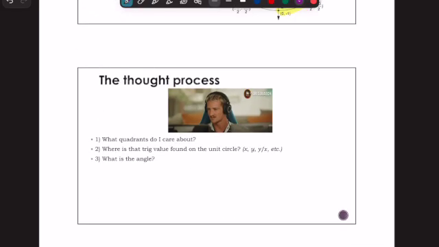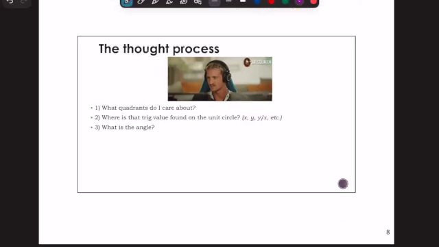Okay. So what quadrants do I care about? Here's kind of how I think about it. I have cosine here and sine along there. So negative pi over 2, 0, pi over 2, and pi.